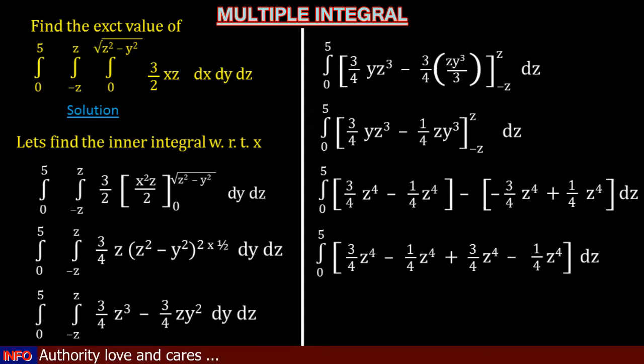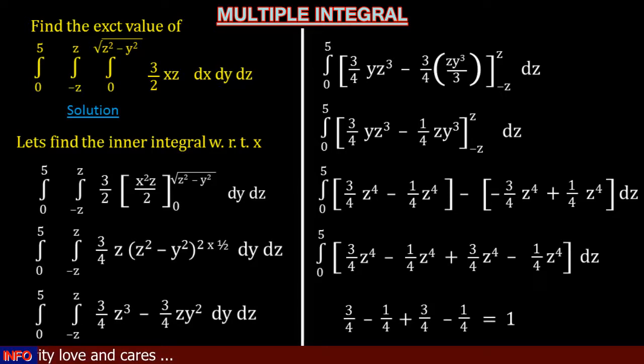Okay, so picking their coefficients, that means we're going to have 3 all over 4 minus 1 all over 4 plus 3 all over 4 minus 1 all over 4. So when you say 3 all over 4 minus 1 all over 4 plus 3 all over 4 minus 1 all over 4, it is going to give us 1. So that means 1 times the z that we're talking about. We have z raised to power 4, right? Good.